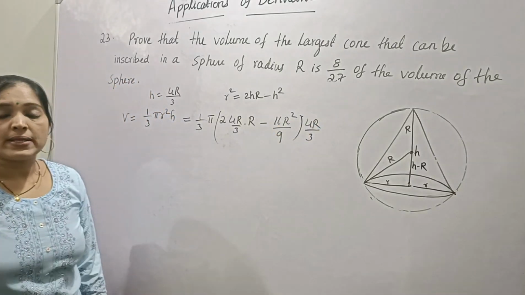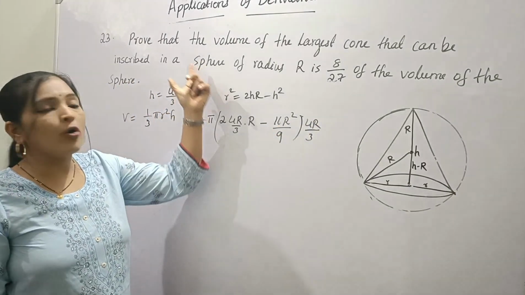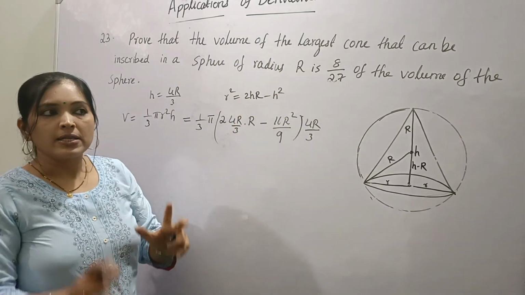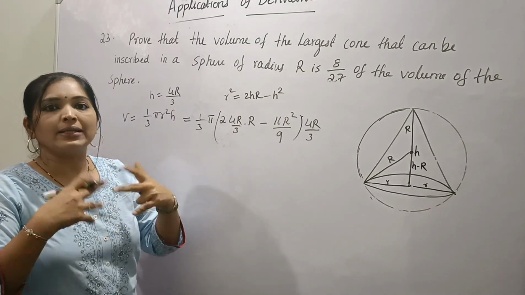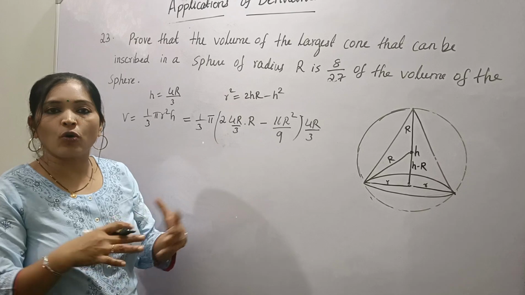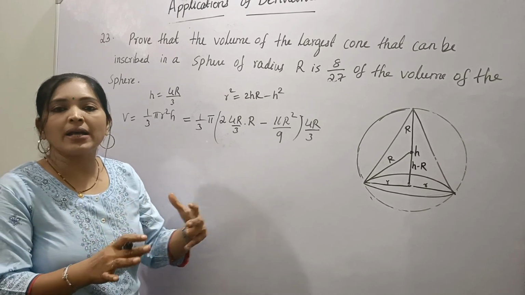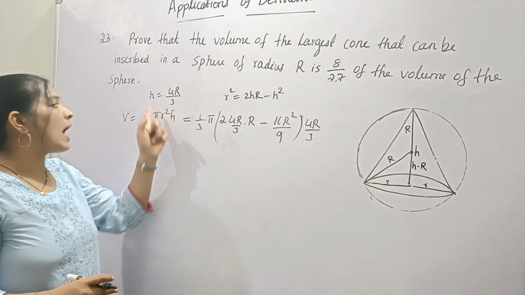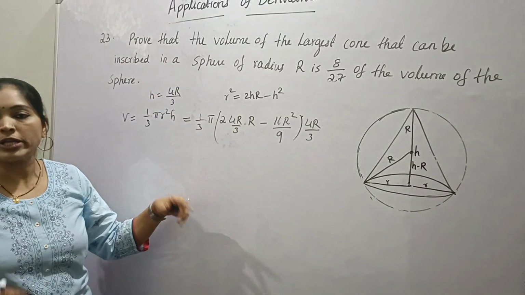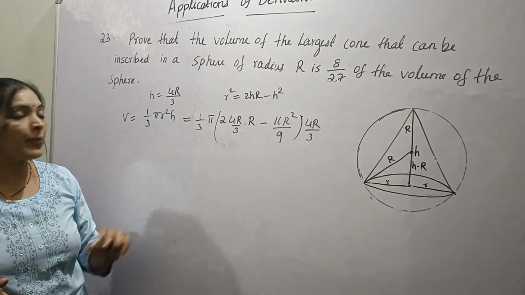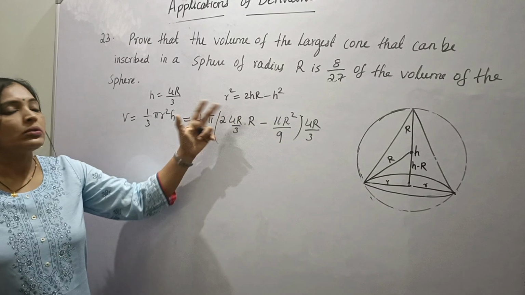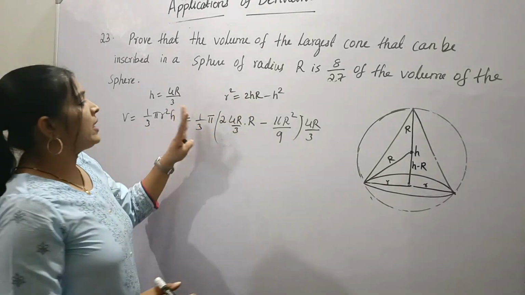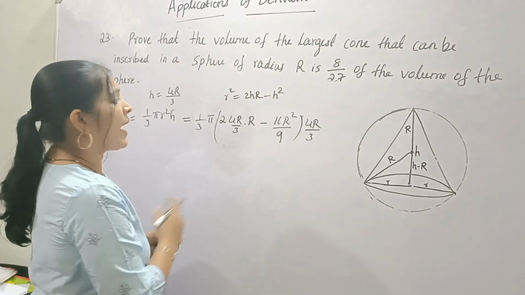Because we have to prove the volume of the cone is 8 by 27 of the volume of the sphere, the terms will be in capital R, because capital R is the radius of the sphere. So here we have to convert small r to capital R. It is the 8 by 27 of the volume of the sphere. So here we have substituted r square and h.